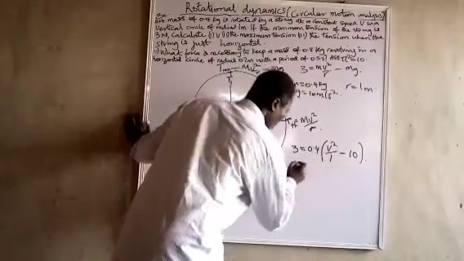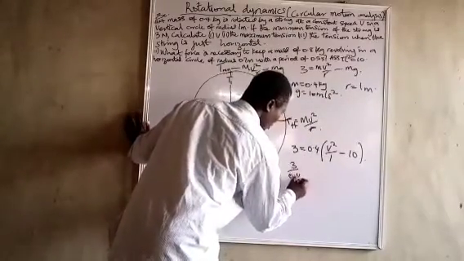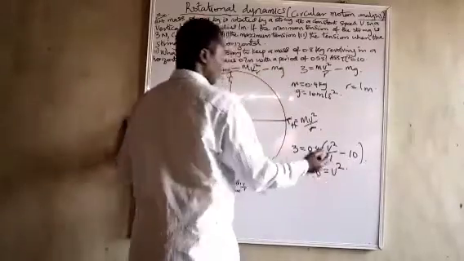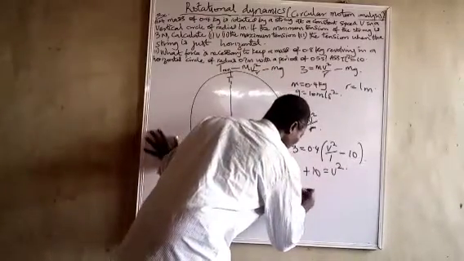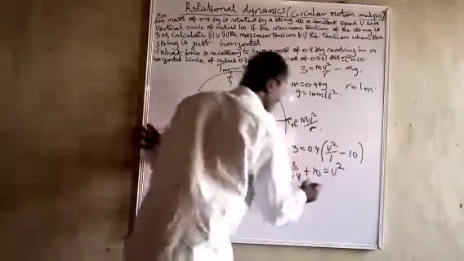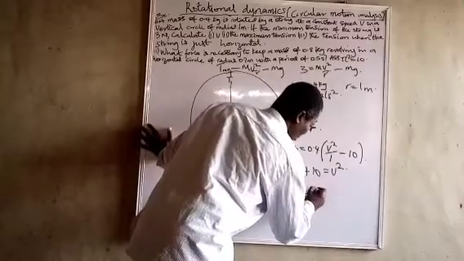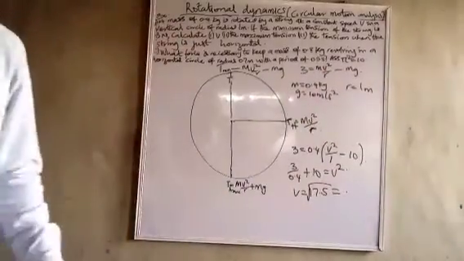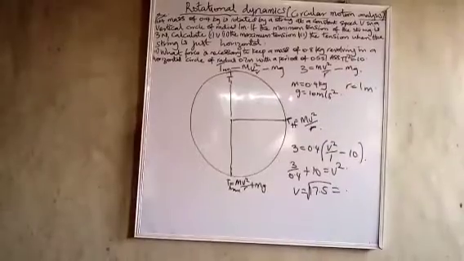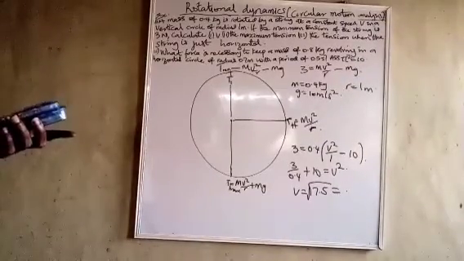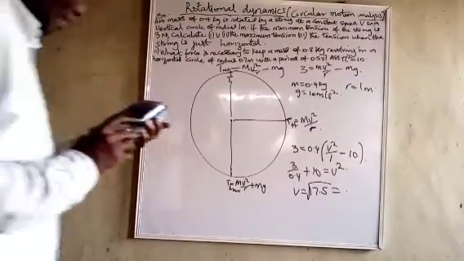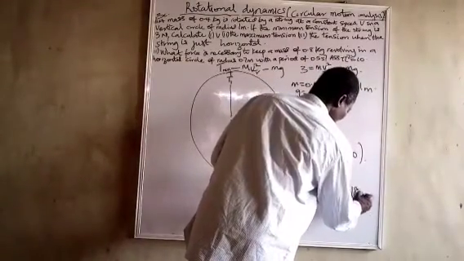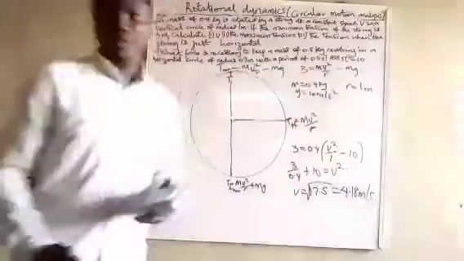So 3 over 0.4 plus 10 equals v squared. This is 17.5, so v will be the square root of 17.5, and that is 4.18 meters per second.